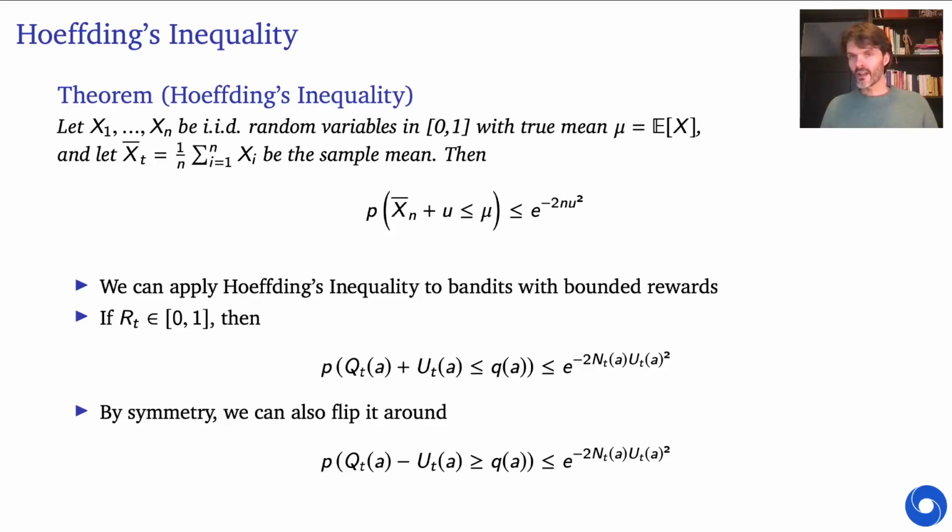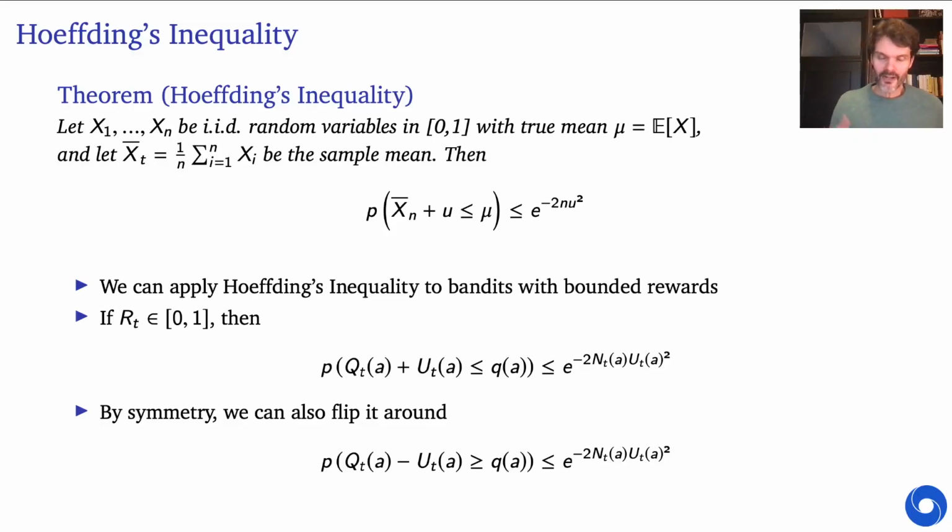What this gives us is a bound on how wrong our estimate will be. So in general, let's consider a bunch of random variables, X1 up to Xn. These are going to be independent and identically distributed random variables. We're going to use these later on for the reward. So think of X1 to Xn as being the rewards for a specific action.